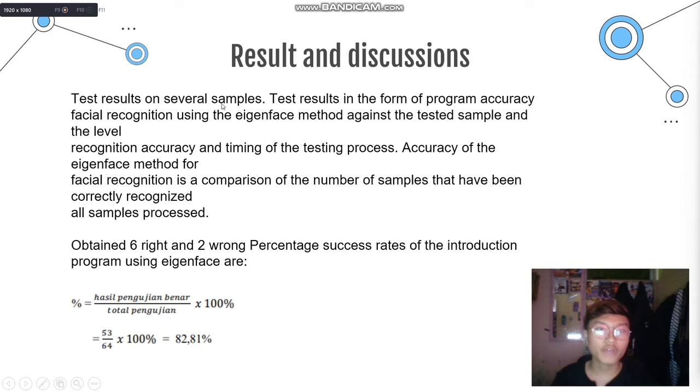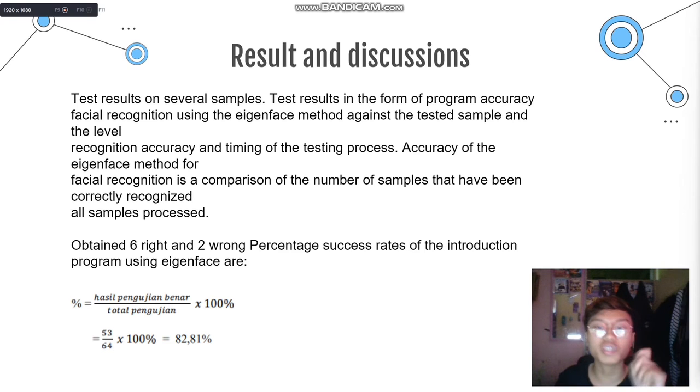Okay, next, result and discussion. Test results on several samples. The test result is in the form of program accuracy for facial recognition using the eigenface method against the test samples, the recognition accuracy level and the timing of the testing process. The accuracy of the eigenface method for facial recognition is a comparison of the number of samples that have been correctly recognized out of all samples processed: 6 right and 2 wrong.